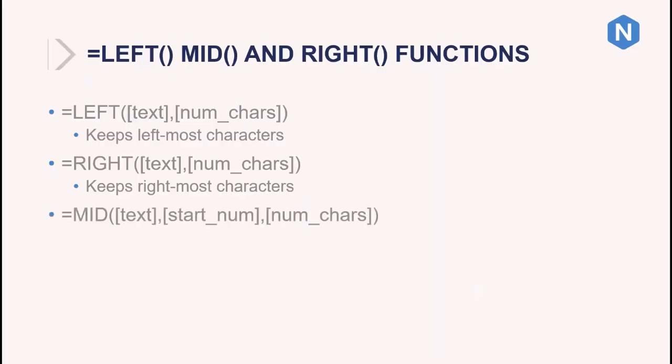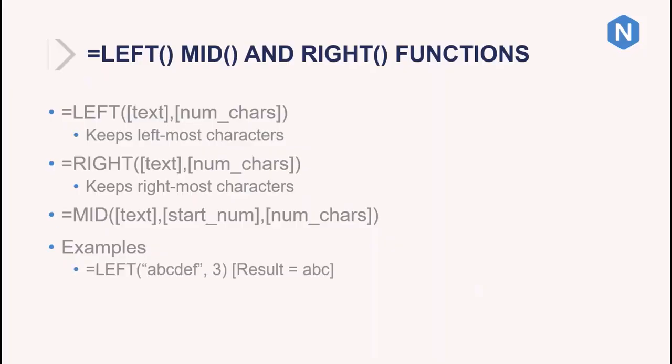MID is just a little bit different. You tell it the text, you tell it where to start keeping text, and then how many characters total to keep inside that string. So you'd say start at position 3 and keep 5 characters, and that's what it does. They're all just ways of trimming down strings to get back a value that you want.